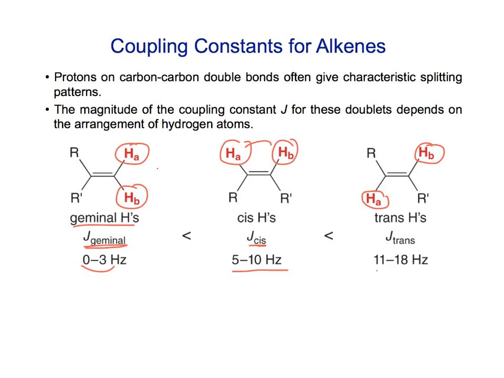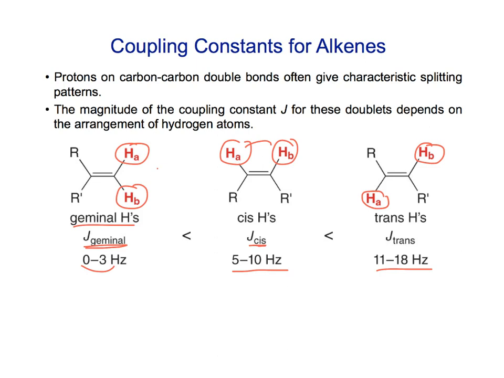So between 11 and 18 hertz. All right, so in a spectrum, if we see that there's a double bond and we can measure the distance between the peaks, this coupling constant, we can identify their relationship to one another.